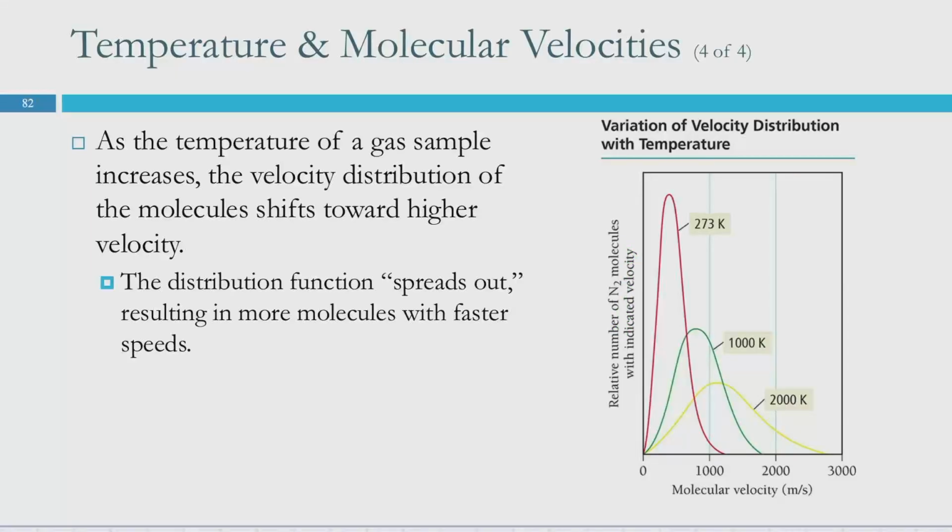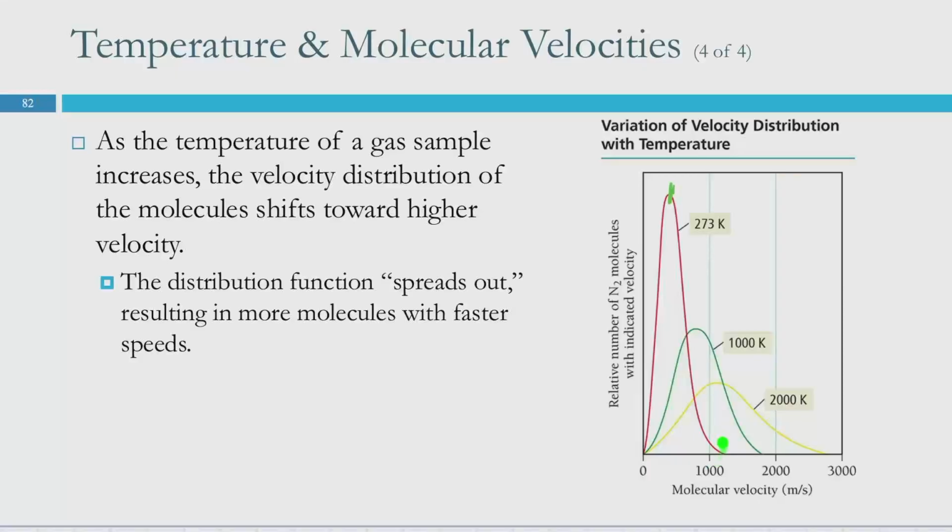So it's a similar sort of thing, but now we're just looking at nitrogen, and we're looking at a couple of different temperature situations. At 273 Kelvin, so roughly the freezing point of water, most of our particles are moving slowly, maybe in this like 300 meters per second range, just based on where our peak is.